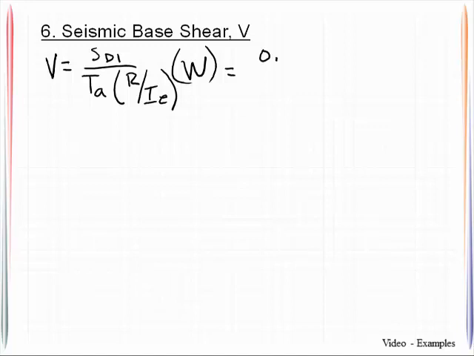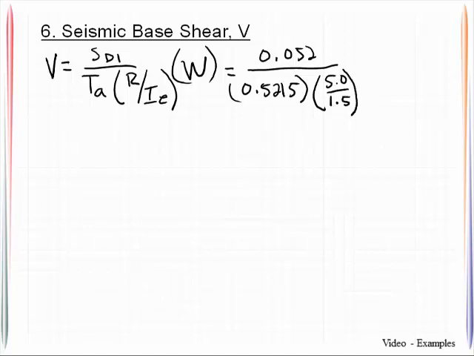Our S_D1 value is 0.052, divided by 0.5215. Here's our R factor and our importance factor. We will multiply that by 1450 kips, and this will compute out to be 43.4 kips.